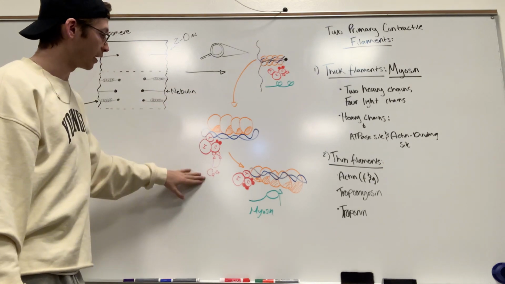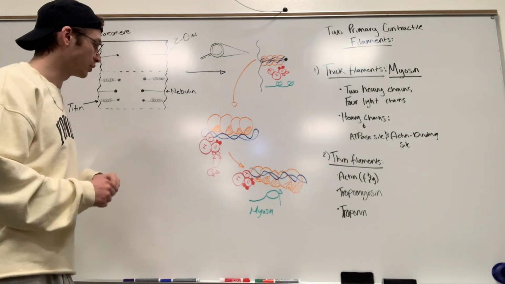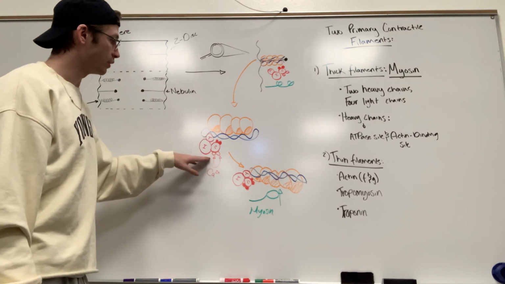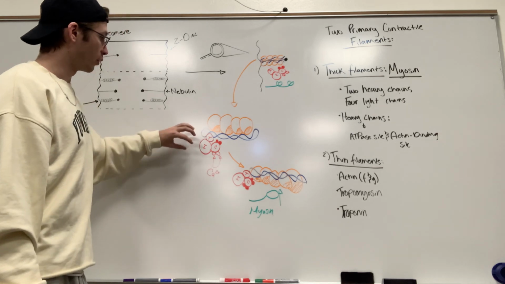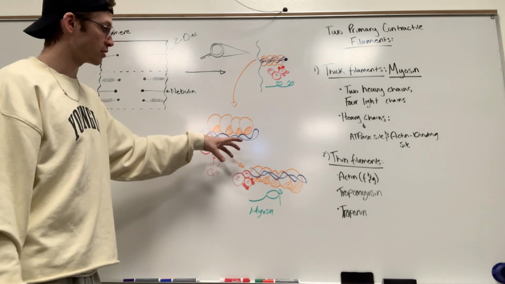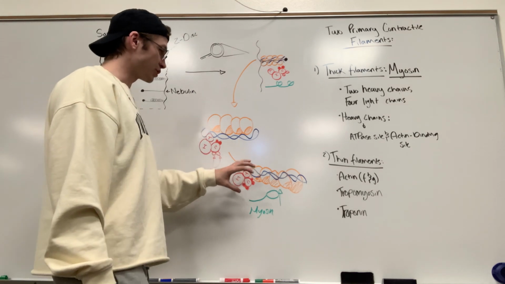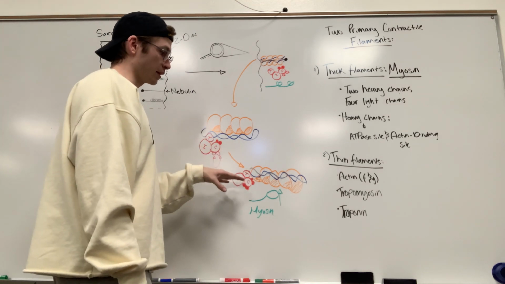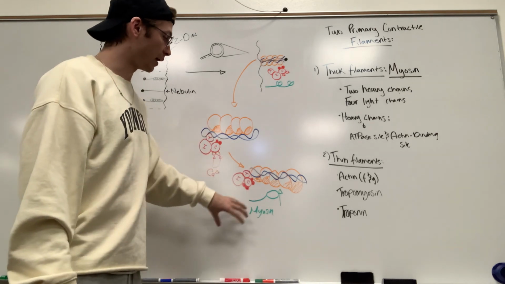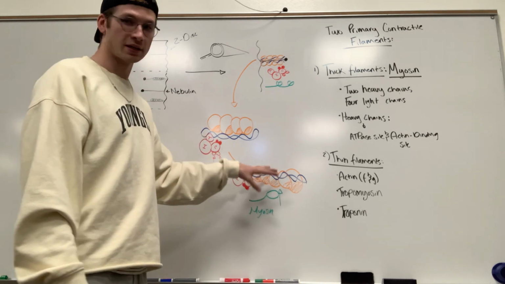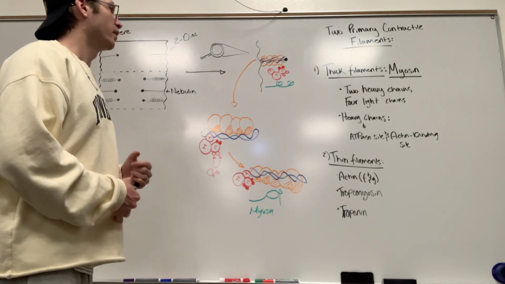But what happens is calcium from our intracellular fluid is going to bind onto these low affinity sites on troponin C, which is going to cause a conformational change in our actin and in the tropomyosin that is going to expose our actin binding sites for the myosin. And when that happens, myosin is going to come in and it's going to attach onto our actin. That's a quick rundown. We'll get more into that.